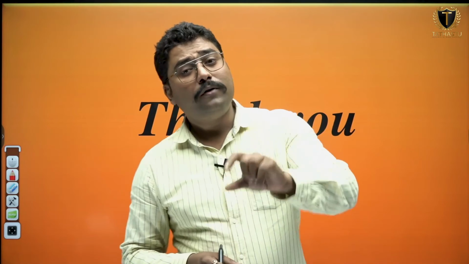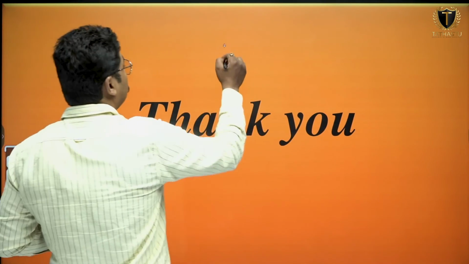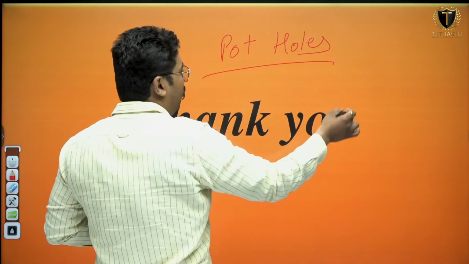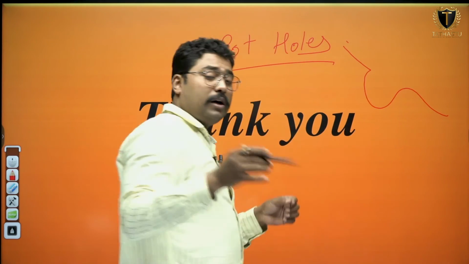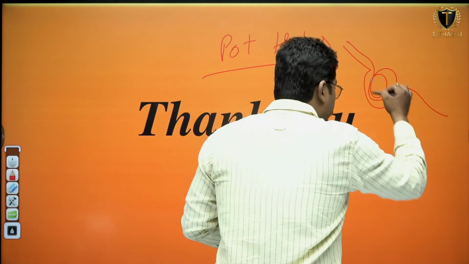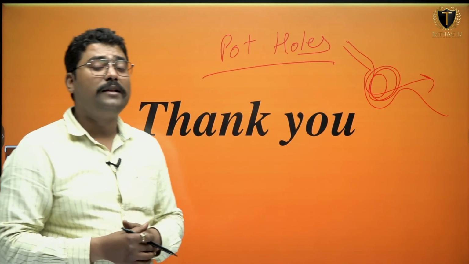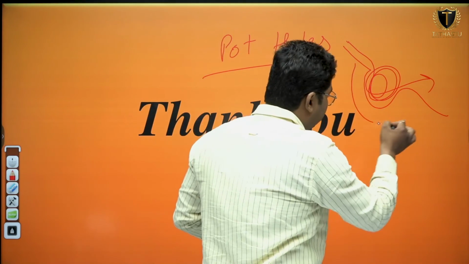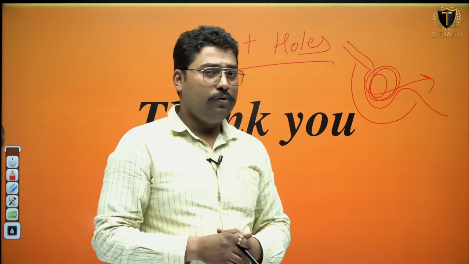In this, one feature which we left behind is the potholes. Potholes are formed over the slope when the river water finds a crack, and due to the grinding action and the polishing action of the water and the sediments, it will create a pot-like structure over the slope, then it will be considered as potholes.